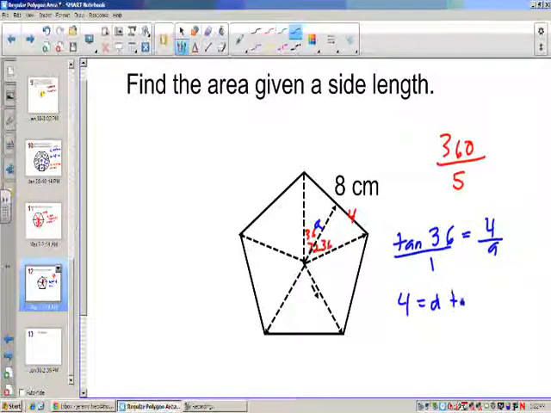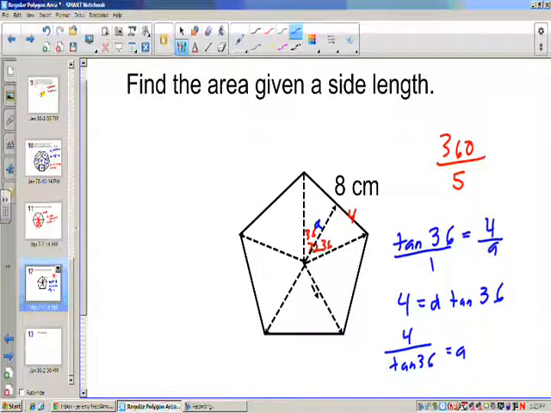This would be A times the tangent of 36. So I just have to divide by tangent of 36 on both sides to find my apothem. So 4 divided by the tangent of 36 degrees, and I get 5.5.